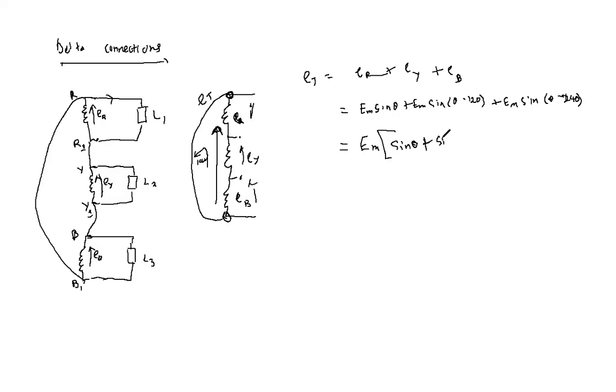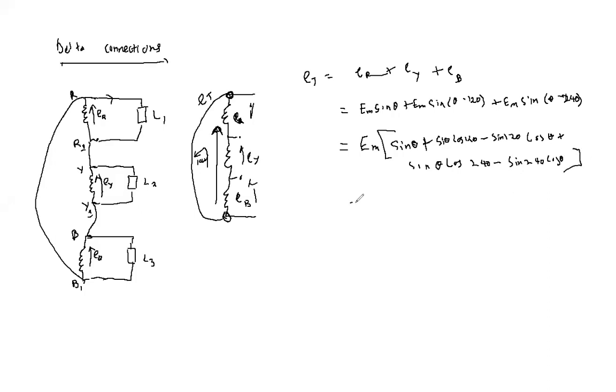So here I'm going to have sine theta cos 120 minus sine 120 cos theta, plus sine theta cos 240 minus sine 240 cos theta.